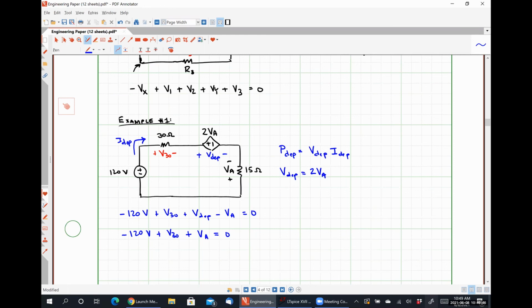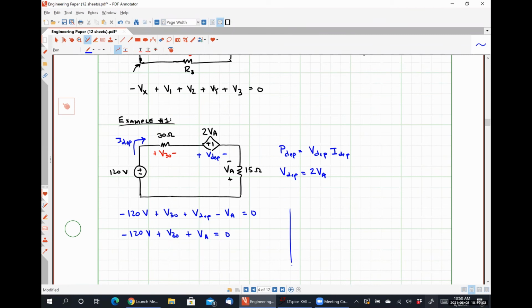So we can effectively eliminate variables by putting everything in terms of one variable that's common to the entire circuit.